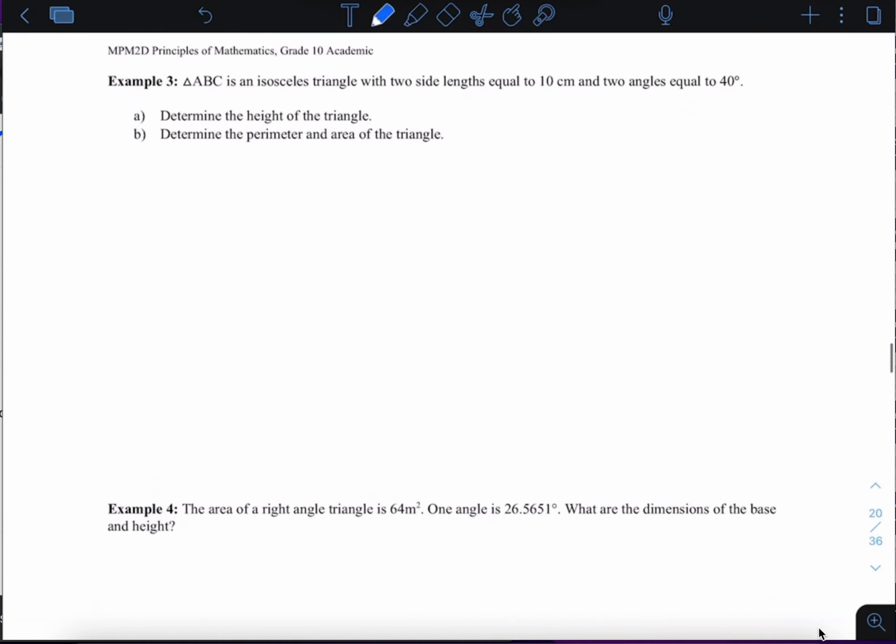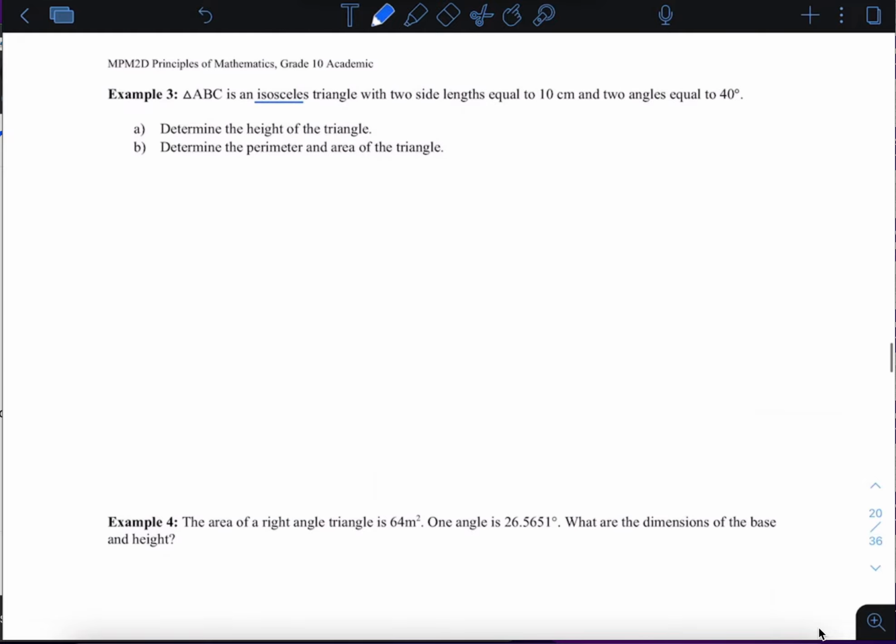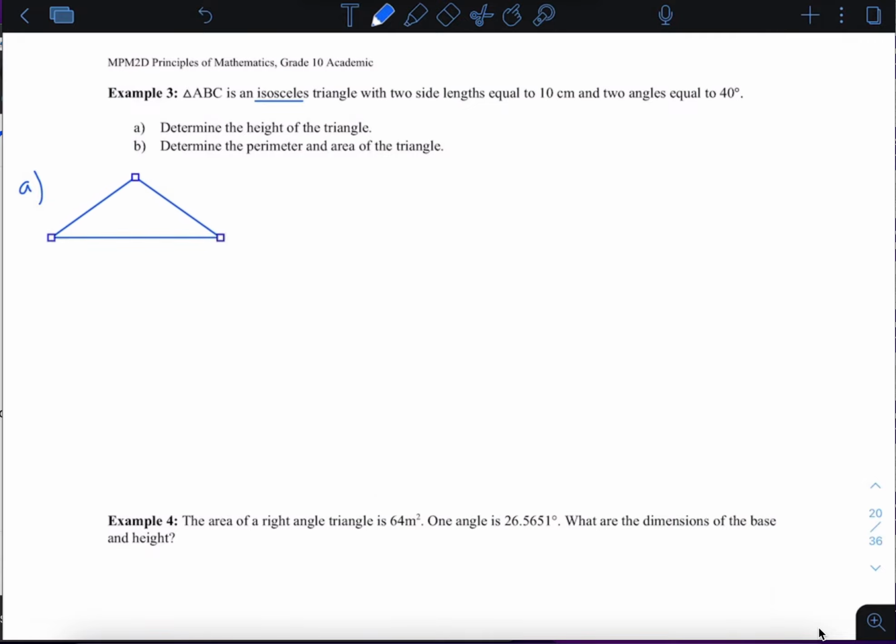Example 3. Triangle ABC is an isosceles triangle with two side lengths equal to 10 centimeters and two angles equal to 40 degrees. So we have to know a little bit about isosceles triangles here. Isosceles triangles have two of the same sides. In this case, they're both 10 centimeters.